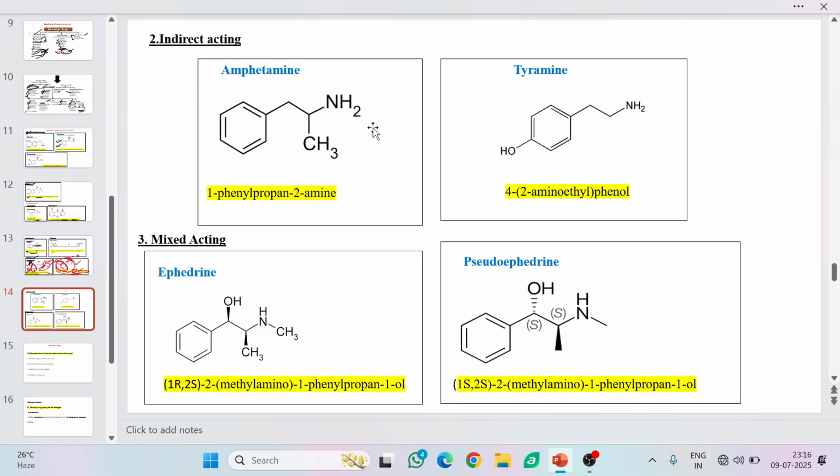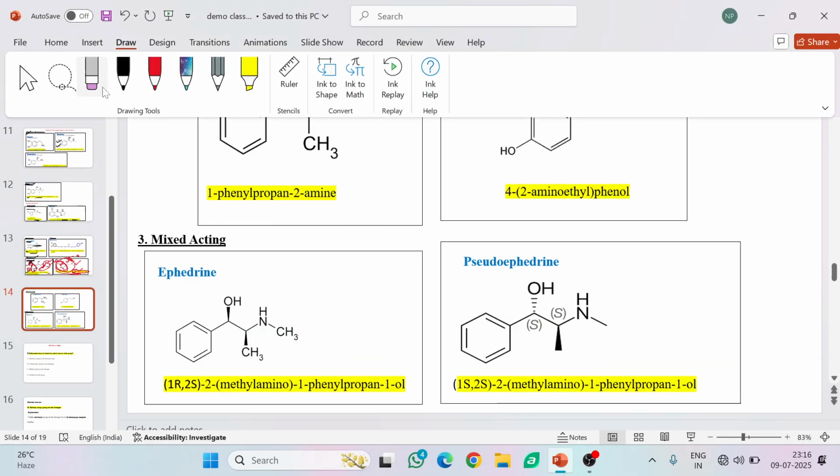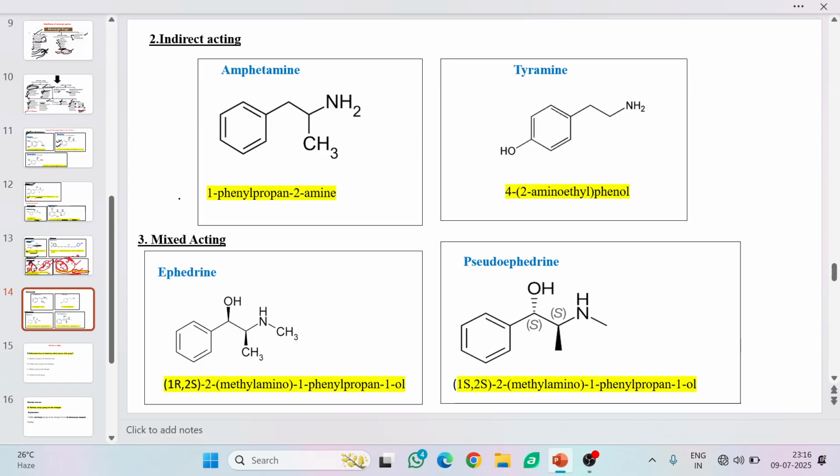Now moving towards the next, indirect acting adrenergic agonists. We will see the structure of amphetamine and tyramine. Amphetamine contains an amine group with this phenyl.